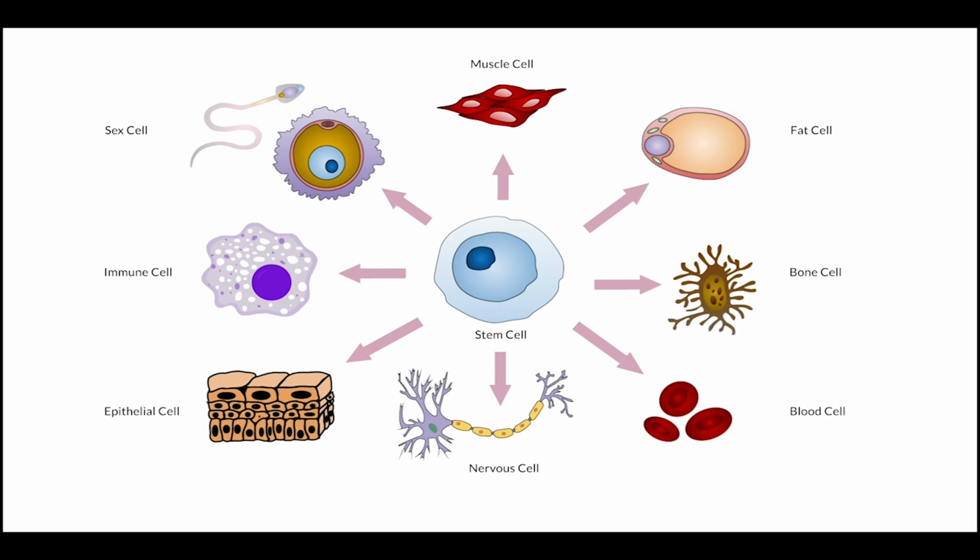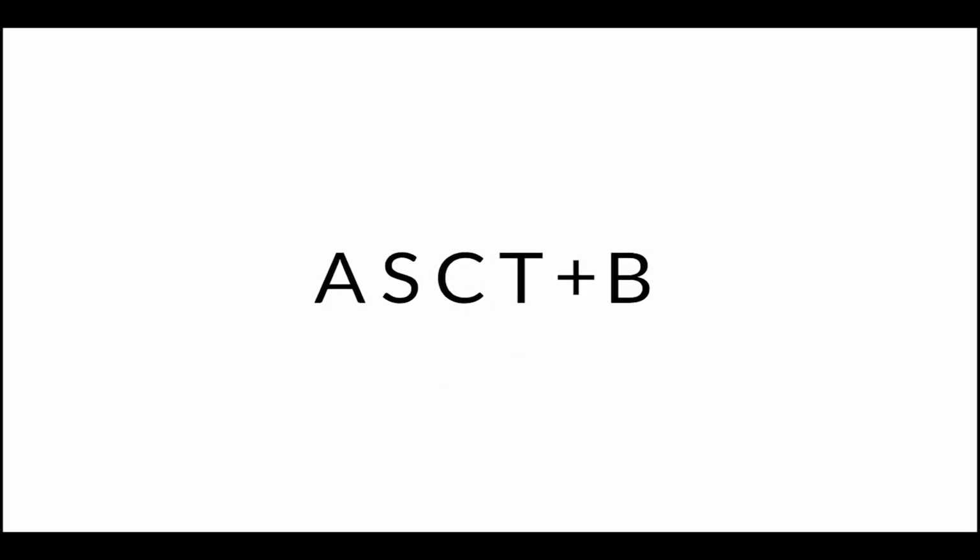Authoring and organizing information about all those different cells is the role of HubMap's Anatomical Structures and Cell Types plus Biomarkers, or ASCT plus B, tables effort.